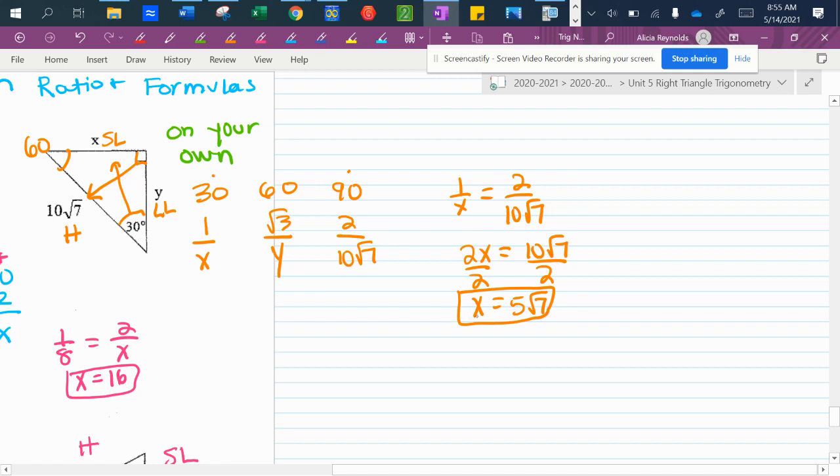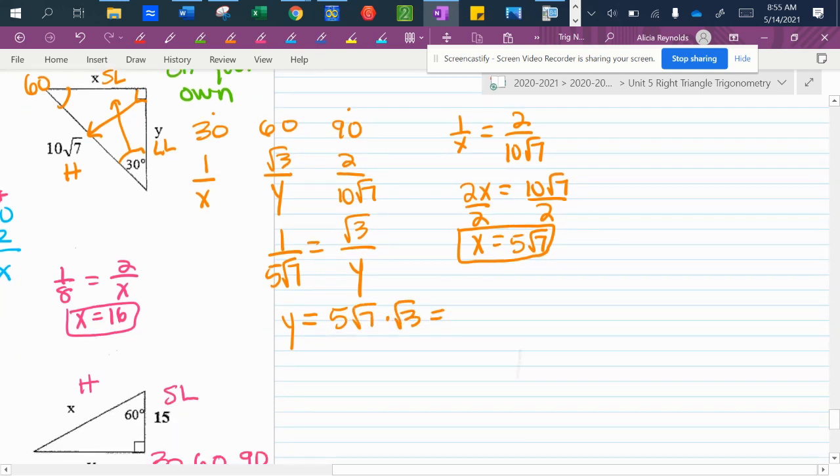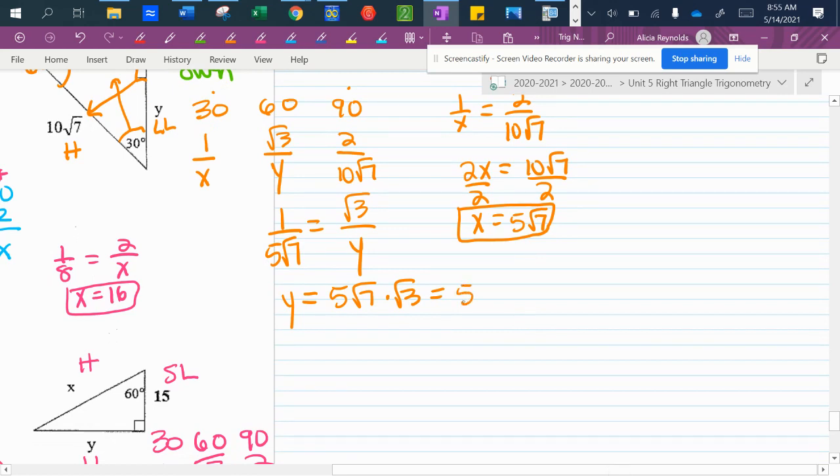So if X equals 5 root 7, now I can use this ratio and this ratio to find Y. So I have 1 over 5 root 7 equals the square root of 3 over Y. Cross multiply, Y equals 5 root 7 times the square root of 3, which gives me 5 root 21.